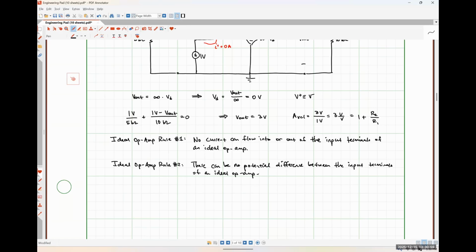But this is only for negative feedback, right? That is exactly correct, Ashton. These rules only work for negative feedback systems.